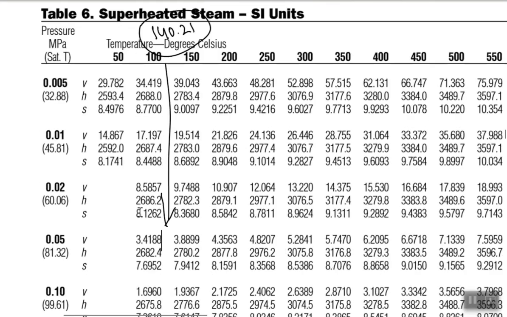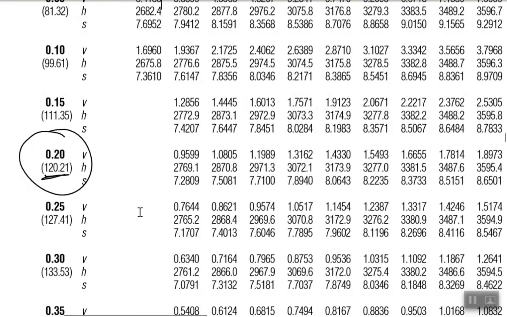If I just need to interpolate between this extreme volume, I must also know this extreme volume as well.